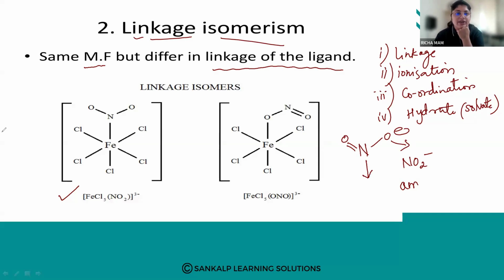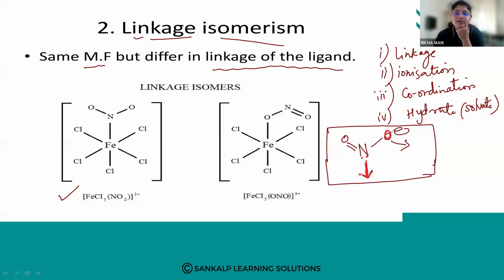You know this. Amphidentate ligand means when they have more than one donor atom in the same molecule. So NO2 minus is an amphidentate ligand. There are two donor atoms. One is nitrogen, which has a lone pair of electrons, so this will donate.